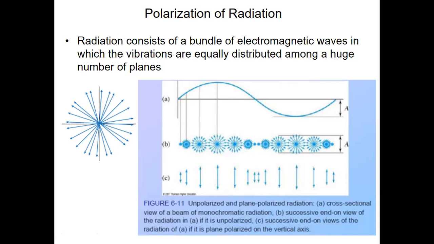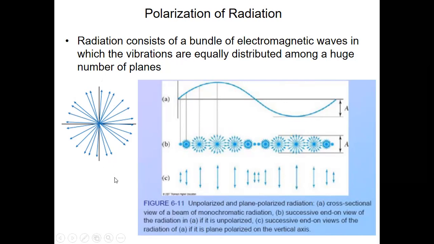If we use a polarizer, then we can have polarization. Suppose there is a vertical polarizer. It will pass only the waves in the vertical direction.